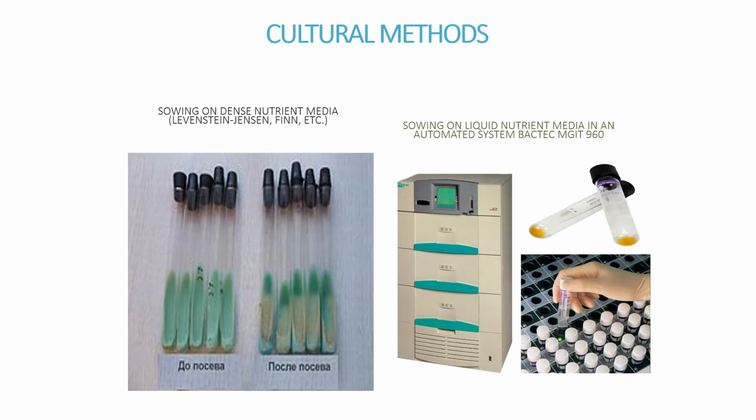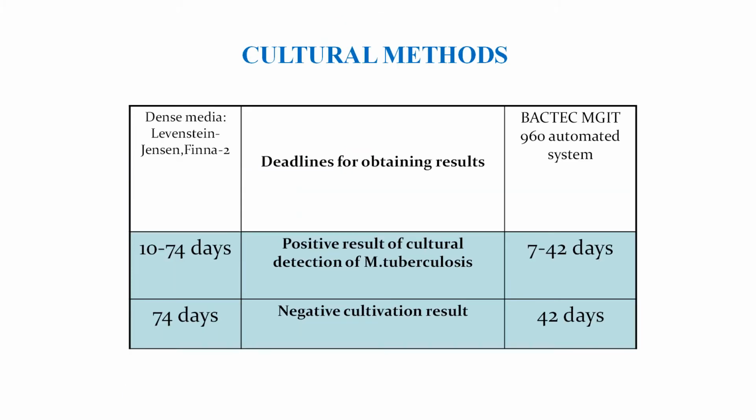On this slide, you see special test tubes for research using the culture method, such as sowing on dense nutrient media and sowing on liquid nutrient media in an automated system, BACTEC MGIT. On this slide, you can see the table which characterizes the deadlines for obtaining results.